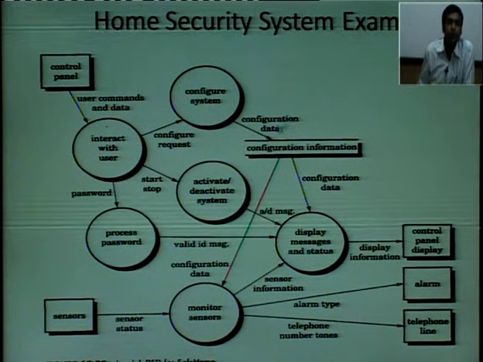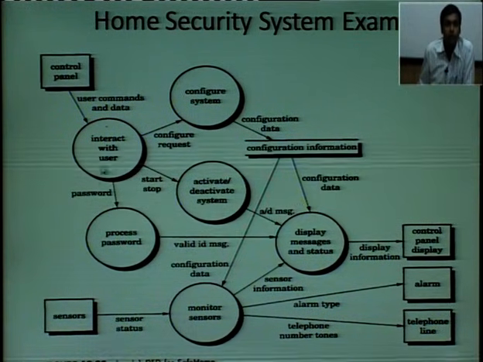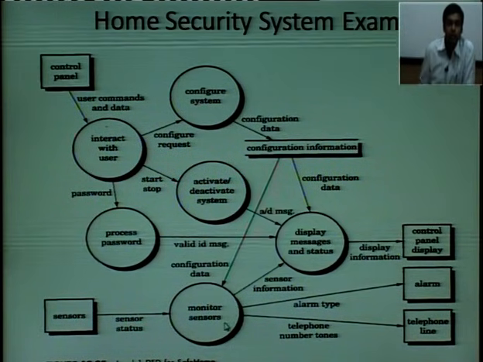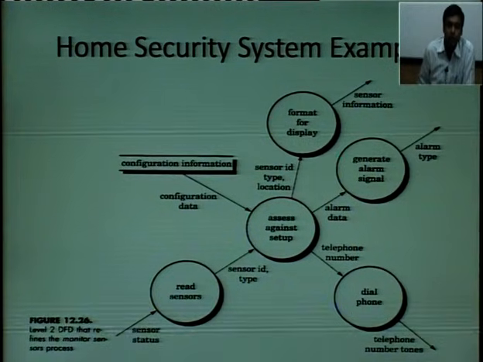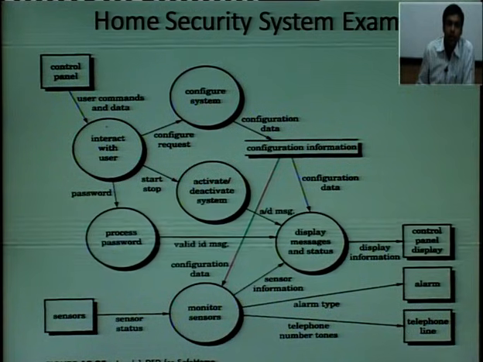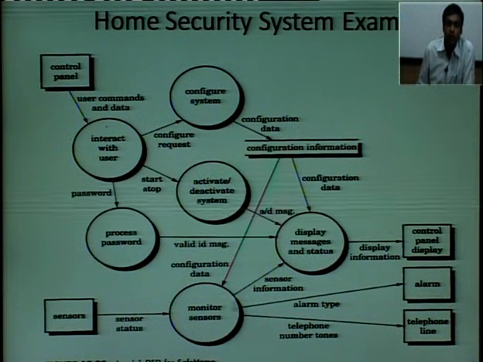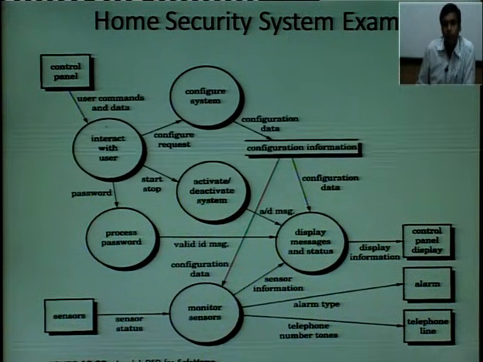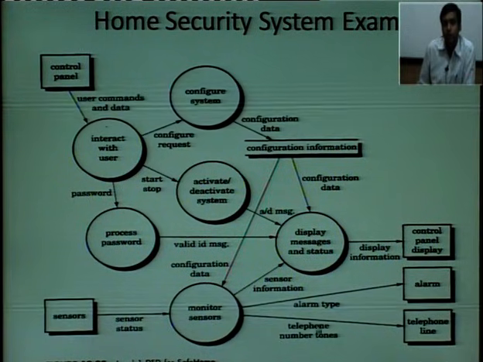From this diagram, let's say you want to elaborate further, you want to say that this particular bubble is not understandable. So you can elaborate it in a second level diagram. So that particular bubble, the bubble shown here, is now elaborated in the level 2 diagram. This particular bubble, monitor sensor, is elaborated. It is taking one input from the sensor, one from this data store, and giving three outputs.